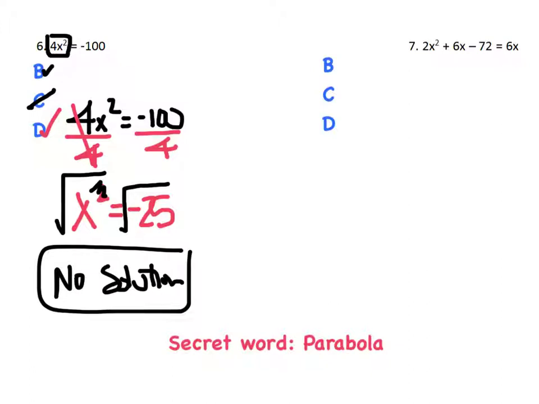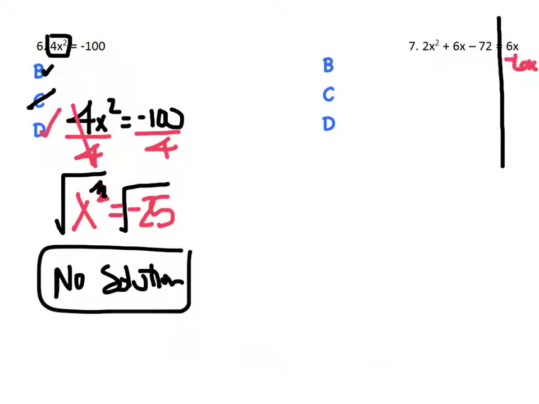Next problem. 2x squared plus 6x minus 72 equals 6x. Okay, notice there's a lot going on here, and I notice we have to first combine like terms because I have a 6x on both sides. So let's go ahead and deal with that part first. So I'm going to subtract 6x.